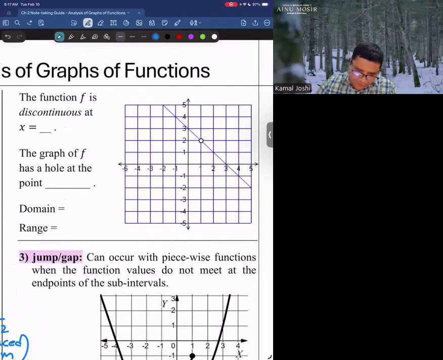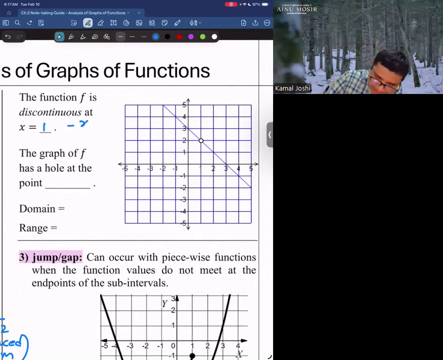So the graph that we get for that original function is this straight line, except with the hole there, right? So the function is discontinuous here at x equals 1.